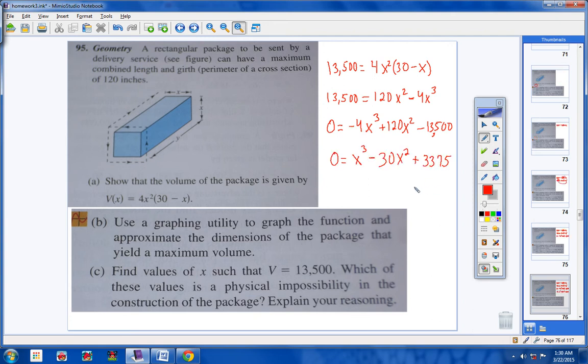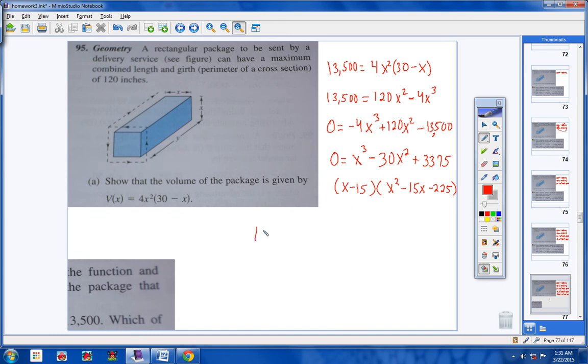Now students, look, on a test or a quiz, I'm not going to give you a problem like this and tell you to list out all the possible rational zeros by using the factors of 3,375. That's crazy. So you're welcome to use a grapher or whatever you want to help you find the x-intercepts, okay? And if you do that, you will see 15 is one of your zeros. So 15 solves this equation.